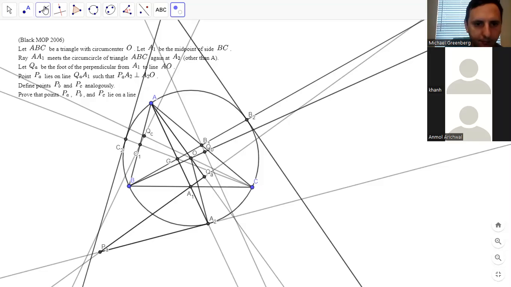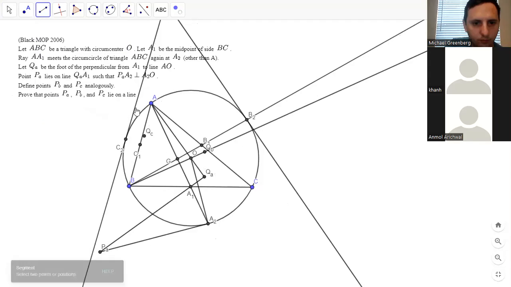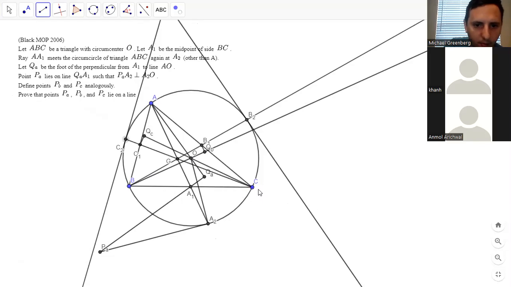Okay. So this is perpendicular, and this is perpendicular. Okay. And PA, so once we have Q, we draw the line through that, and we see where it meets the, oh, okay.